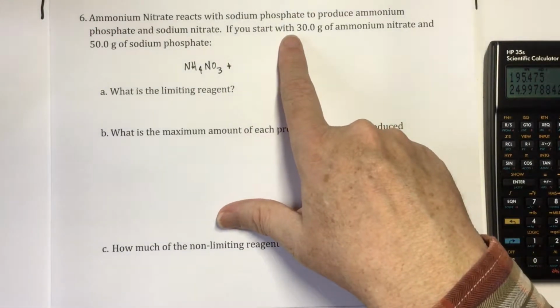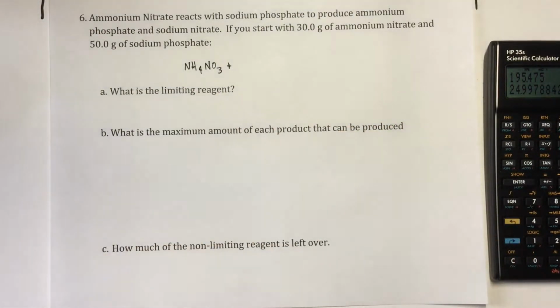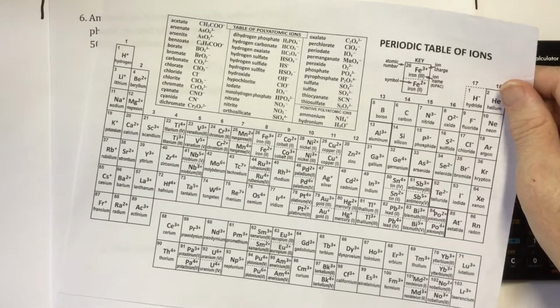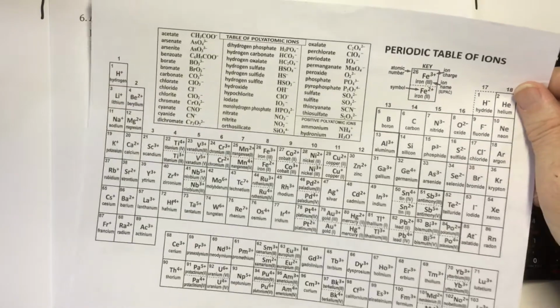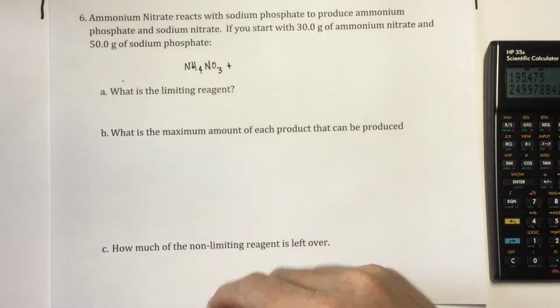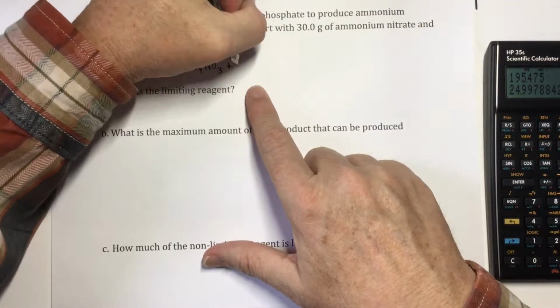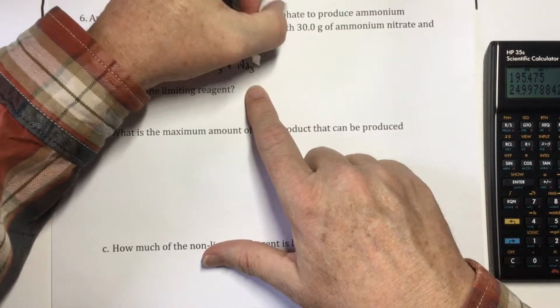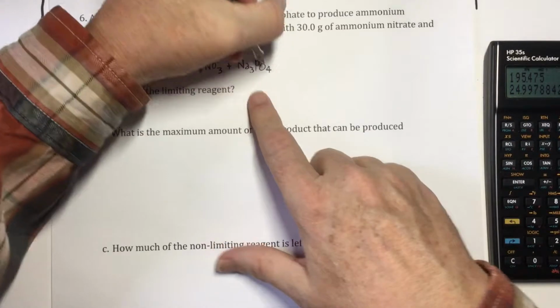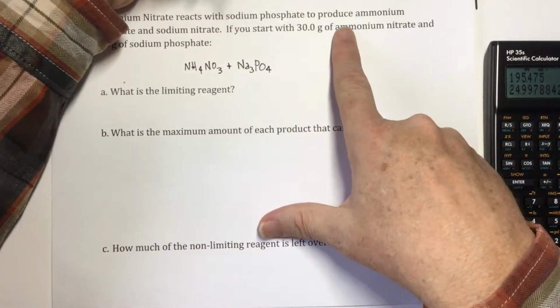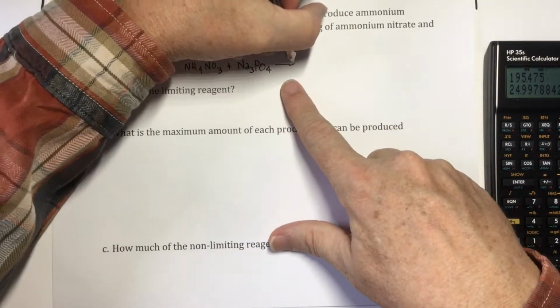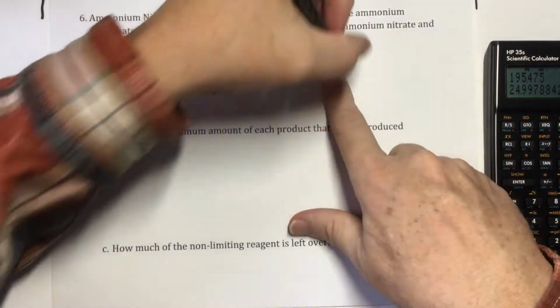Hang on, let me check. Phosphate. Good thing I checked. Phosphate has a charge of -3. So it's going to be Na3PO4.